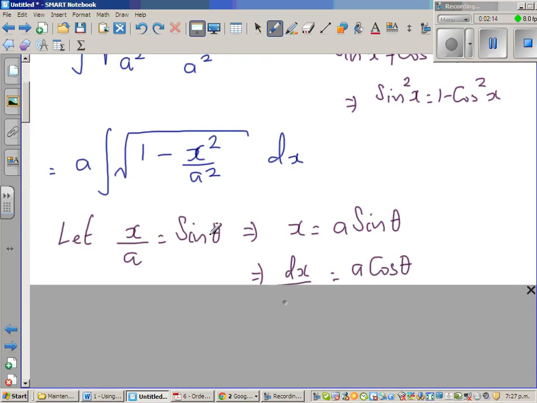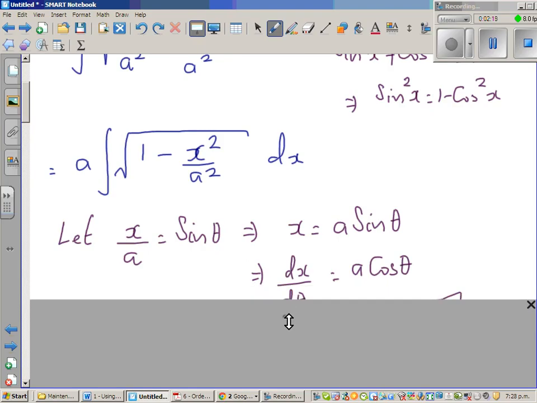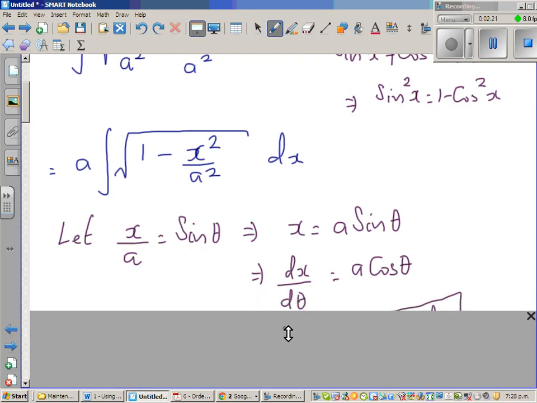So x over a is sine theta, which implies x is equal to a sine theta, multiplying both sides by a. Now differentiating both sides with respect to theta, we get differentiation of sine theta is cos theta.